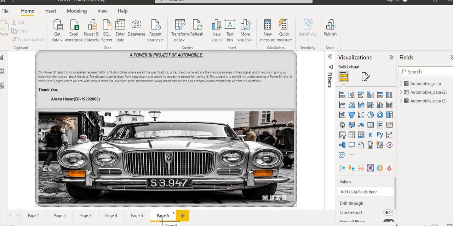This project exhibits my understanding of Power BI skills, and it consists of 5 pages. As you know, the Power BI project is for detailed information of automobiles, where all the specification, price, brand name, etc. are the main parameters which help us in giving official information about the data.